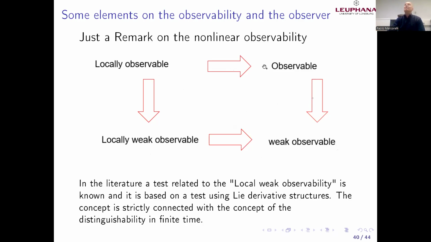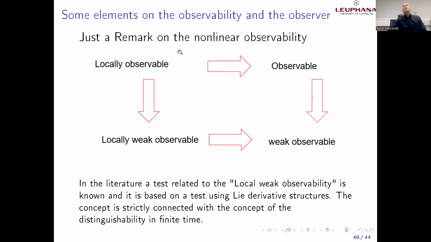Now, let me start from the observability. If it's locally observable, it means that it's observable also in the large, because it's enough to move a little bit around the equilibrium points or around the working point. Could be also a trajectory.